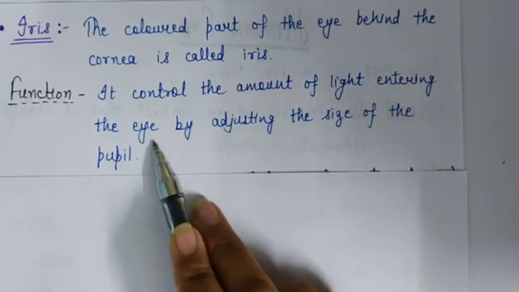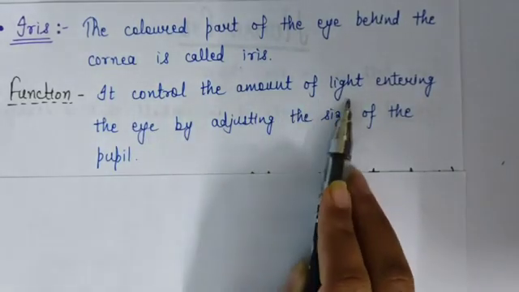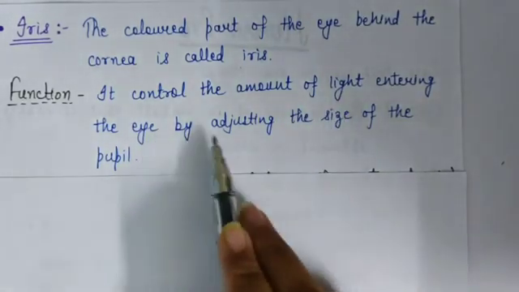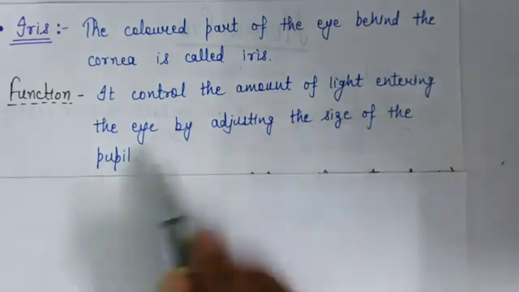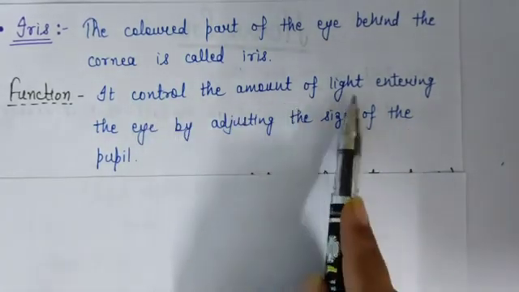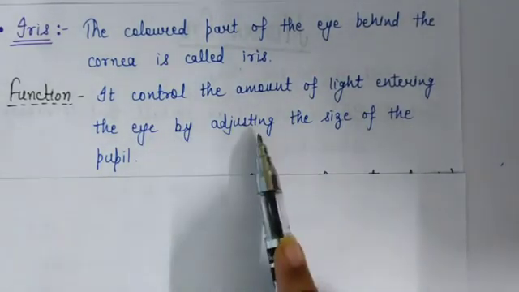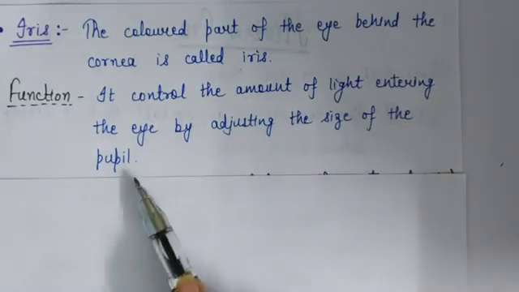Means how much light should enter the eye. How? By adjusting the size of the pupil. Function is it controls the amount of light entering the eye by adjusting the size of the pupil.